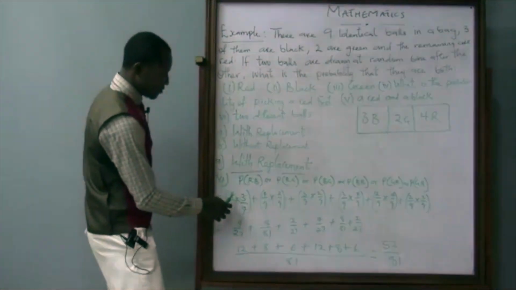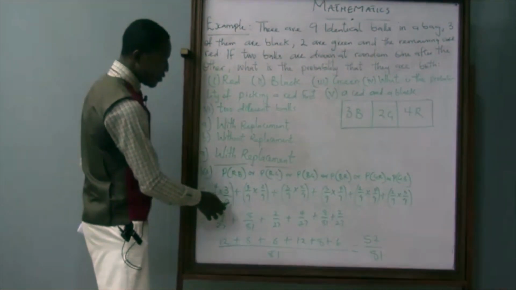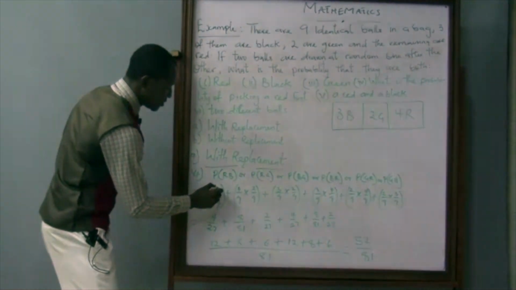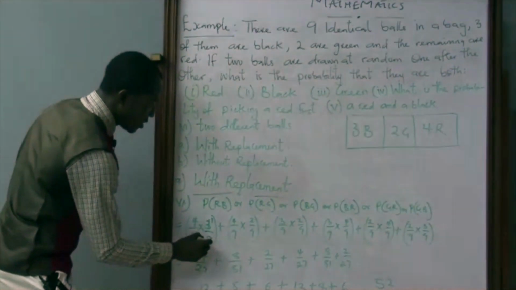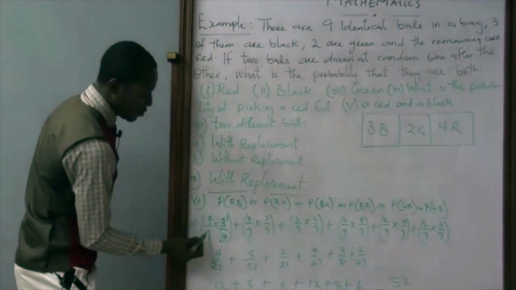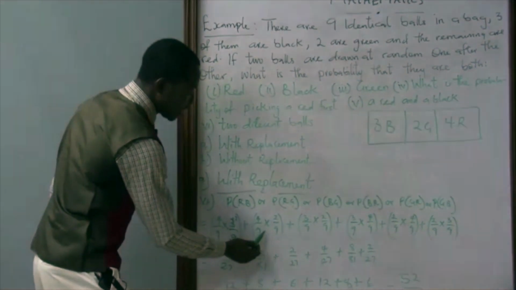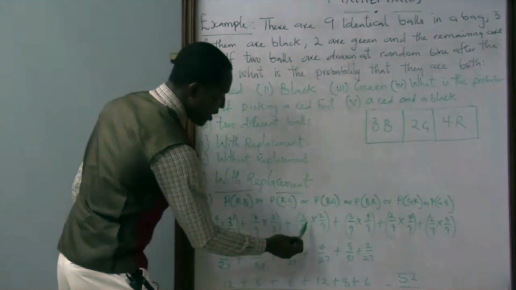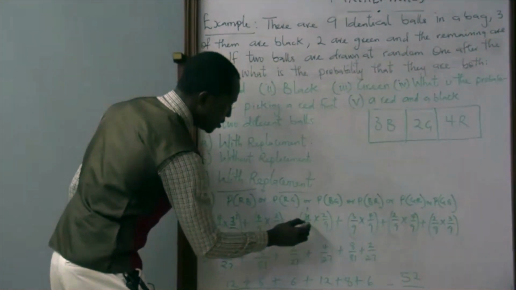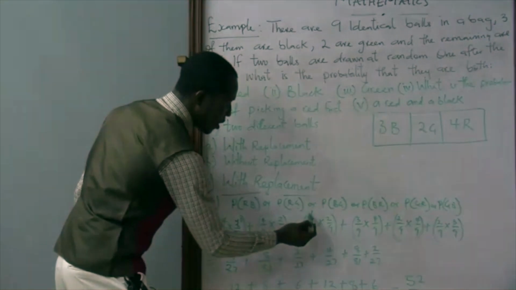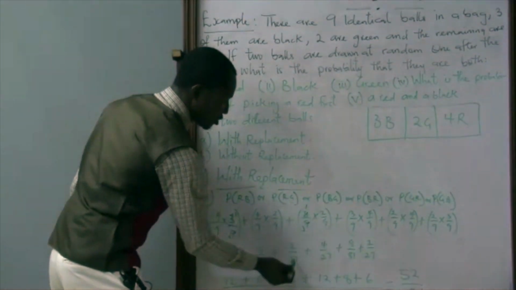We have 4 over 9 times 3 over 9. So if I divide this, 3 here 1, 3 in 9 is 3. So 4 times 1, 4, 9 times 3, 27. 4 times 2, 8, 9 times 9, 81. Here also I can divide 3 here 1, 3 in 9, 3. So 1 times 2 is 2, 3 times 9, 27.